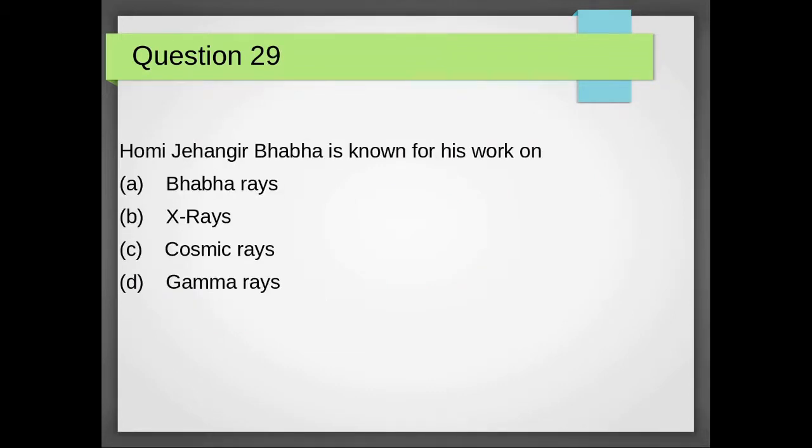Question 29. Homi Jahangir Bhabha is known for his work on: Bhabha rays, X-rays, cosmic rays, gamma rays. H.J. Bhabha, also known as the father of the atomic age in India, was predominantly working on cosmic rays.